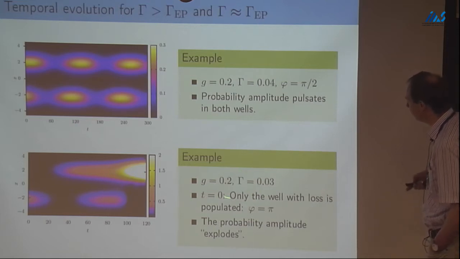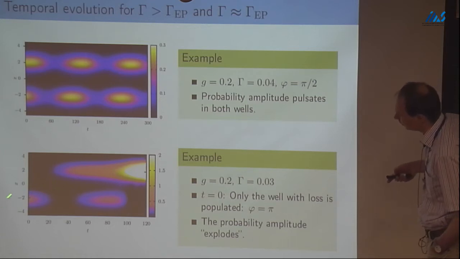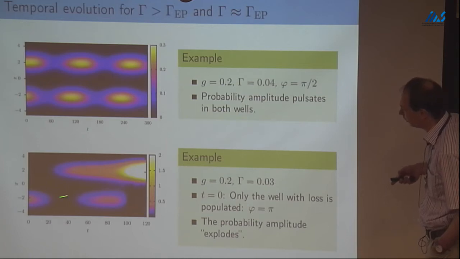In particular, here the two real eigenvalue solutions are far away from the point where they stop to exist, but we start with a different phase relation. We observe here, although we start completely, or almost completely, with the atoms in the well with loss, that we have some tunneling effect to the well with gain, and the whole system explodes.